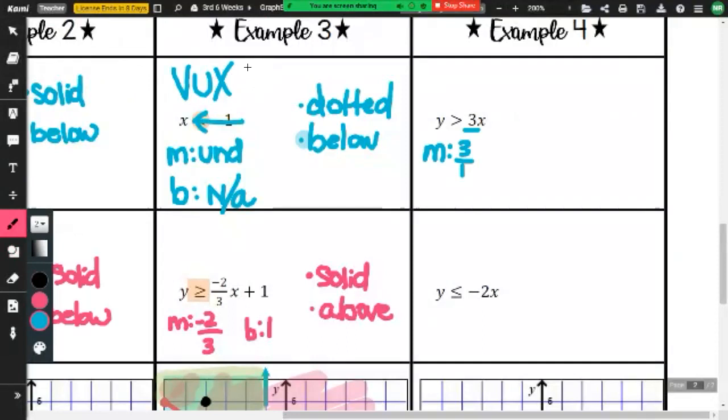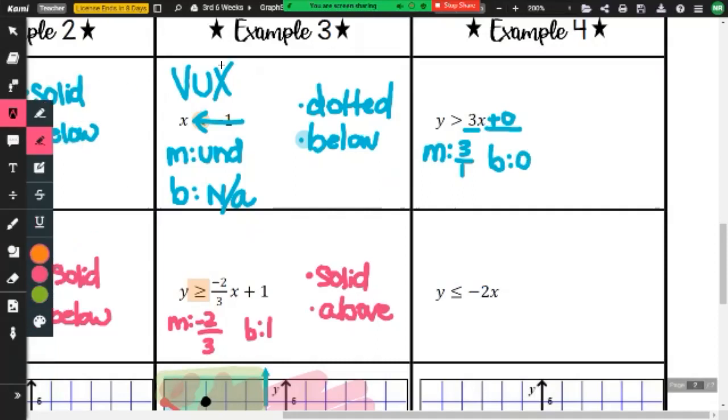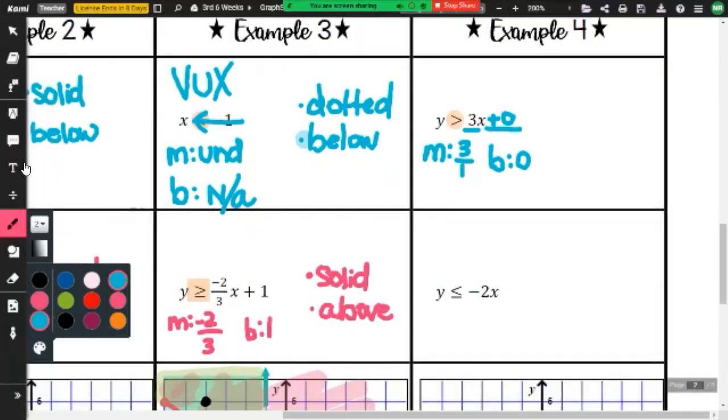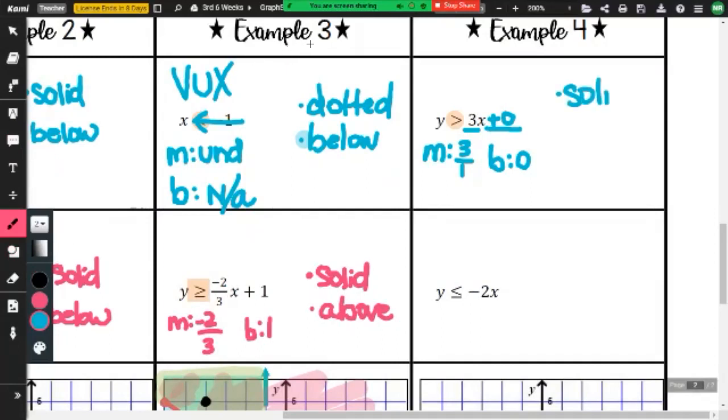There is nothing added to the end of this, so there's your +0, and that means your y-intercept is 0. Look at the inequality to know whether you're going to have a solid or dotted line, above or below. It's not underlined, so it's a dotted line. And greater than means above, so we're going to shade above this line.